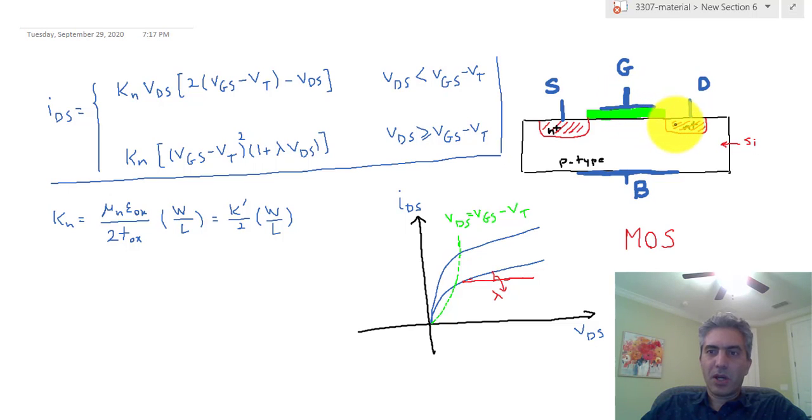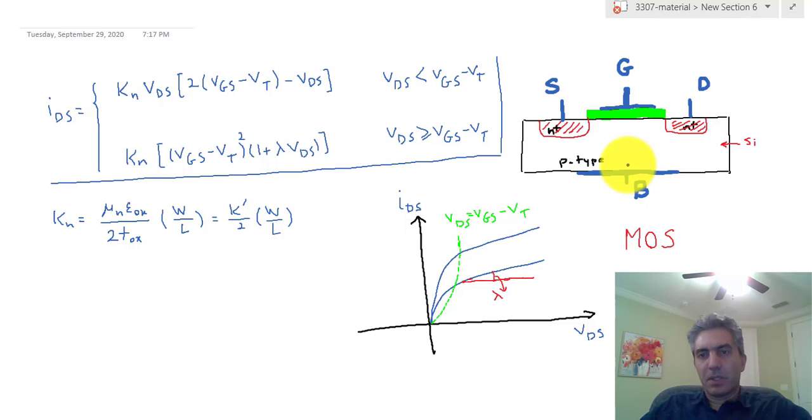Whether or not current passes through the drain and the source depends on whether you apply a voltage between them, but on top of that you have a control voltage connected to the gate that also controls the current, by manipulating the conductivity of the semiconductor channel in between the drain and the source.